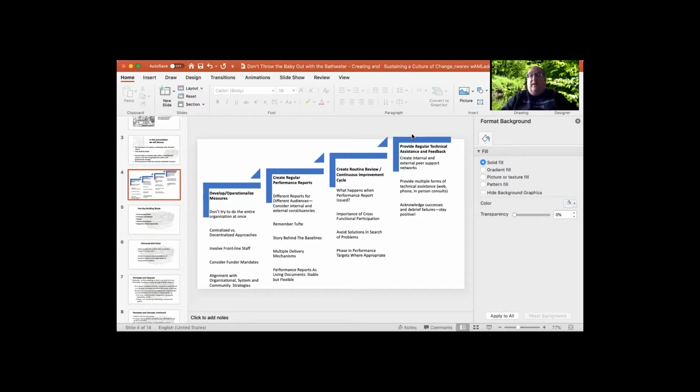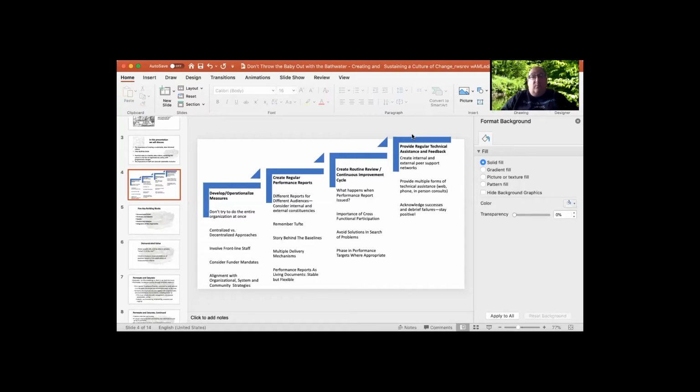You need buy-in from everybody, but you need somebody who's going to be paying sustained attention too. So that's just a balance that you have to walk. I mentioned involving frontline staff. You have to have the people doing the work involved, both for buy-in and because they bring knowledge and understanding of the processes that you otherwise can't get.